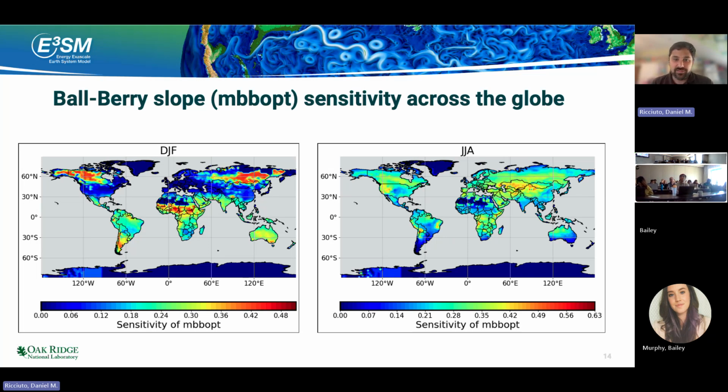So we can see it ranging from almost no sensitivity to as high as about 0.5, which would indicate that about half the variation in the output is caused by this parameter. It seems this parameter jumps out more in areas that are prone to drought, where the regulation of water matters more. This parameter tends to jump out as a more sensitive one.